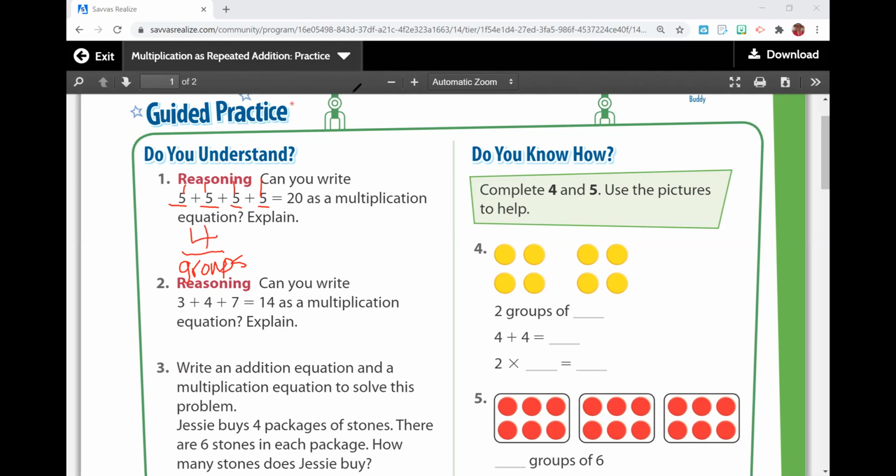There we go, 4 groups of, and in each group I have 5. 4 groups of 5 in each. And my answer would still be the same, 20.